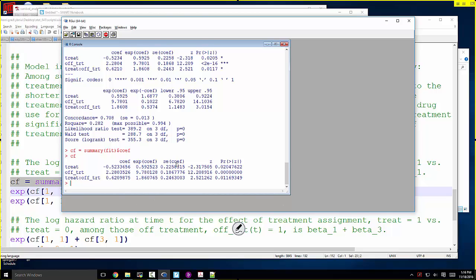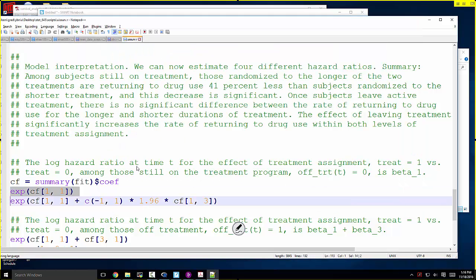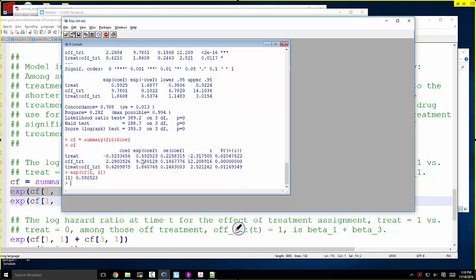So remember the coefficients themselves are log hazard ratios, which means if you exponentiate them, you get a hazard ratio. Like this right here. If I say e to the first row, first column of the coefficient matrix, I get that hazard ratio, 0.59.